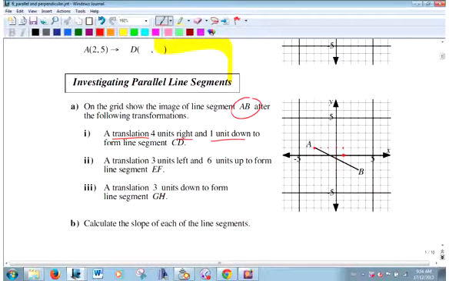How many points do I need to make a line? 2. How about I do point B and then join them? 1, 2, 3, 4 right and 1 down. And there's my new line. Not a great line, but that'll have to do. They're going to call that one CD.